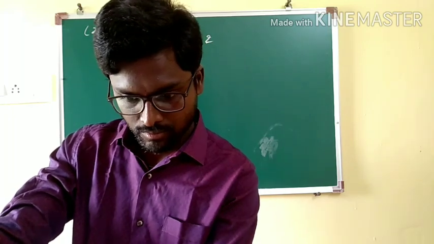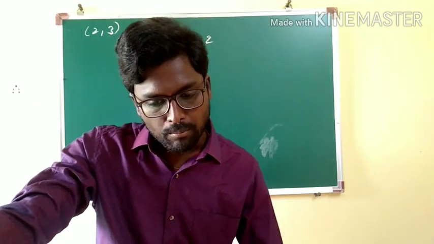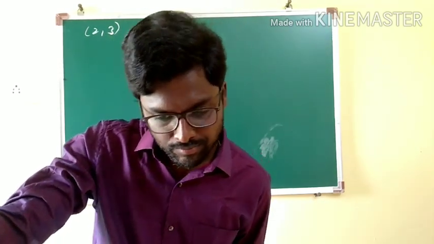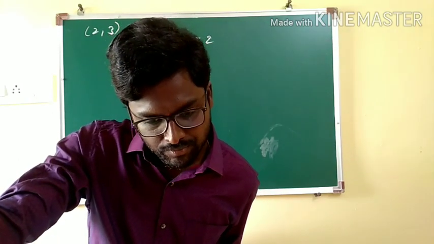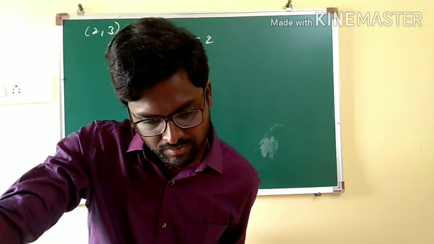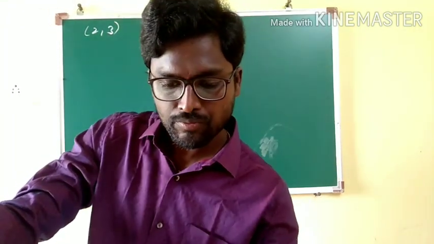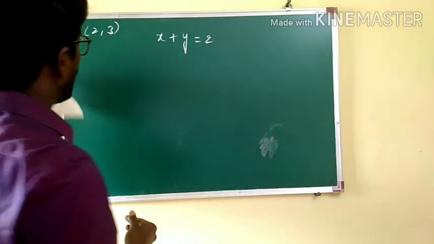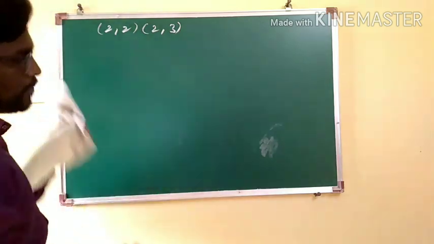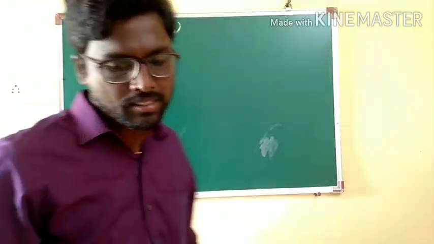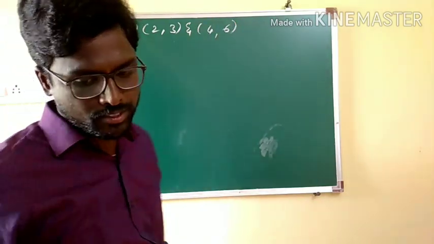Next, take this problem. Midpoints of the sides of a triangle are 2 comma 2, 2 comma 3, and 4 comma 6.